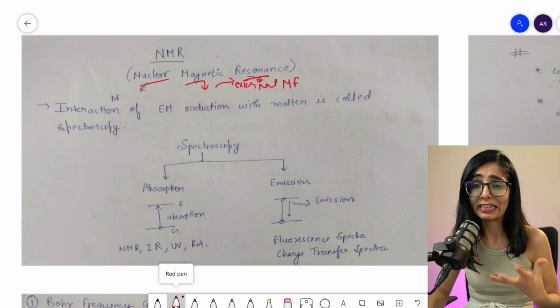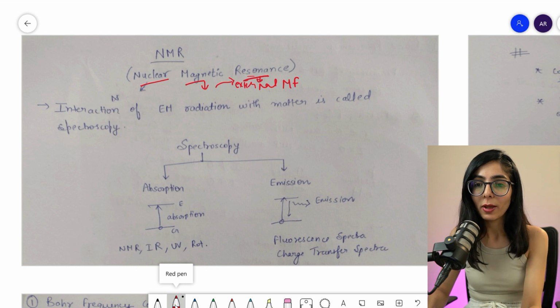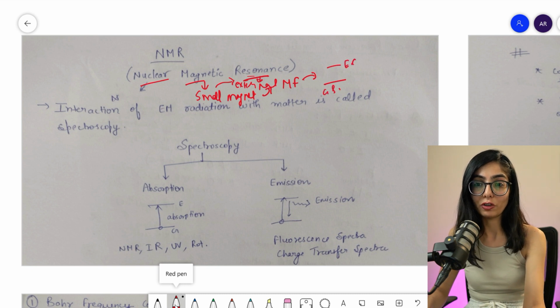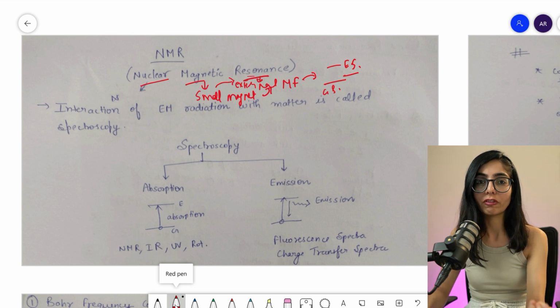I'm pretty sure that I'll get hold of it gradually along with these video lectures, but bear with me for the moment. So whenever you keep your small magnet in this external magnetic field, it will resonate between ground state and excited state. That is the meaning of nuclear magnetic resonance. So that's how you break it, and that's the simplest definition of NMR.